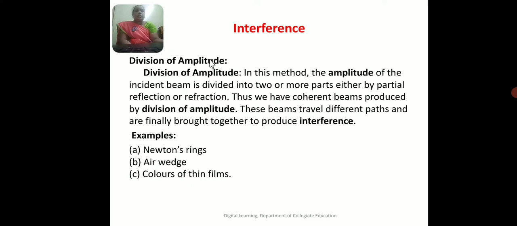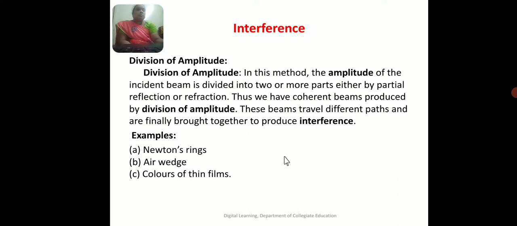And next is interference due to division of amplitude. Friends, what happens when a light ray is made to fall on a surface, for example a thin oil film formed on a water surface?